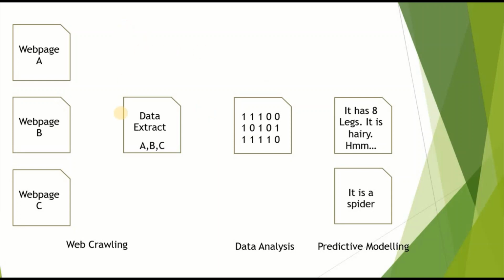So the data input from here will be fed as an input to our predictive modeling. Our model will learn what characteristics or patterns can be found in our data input.